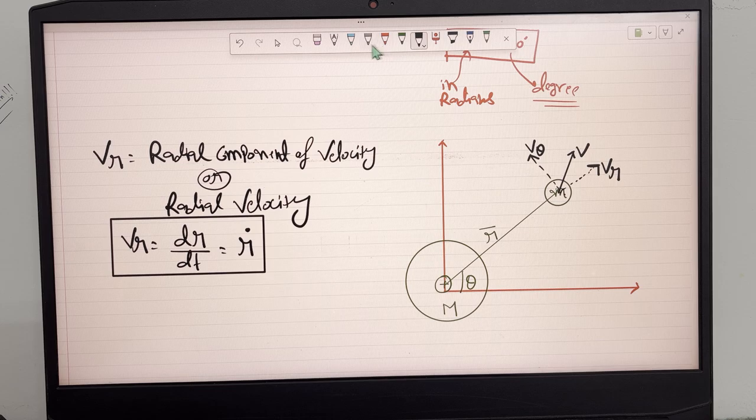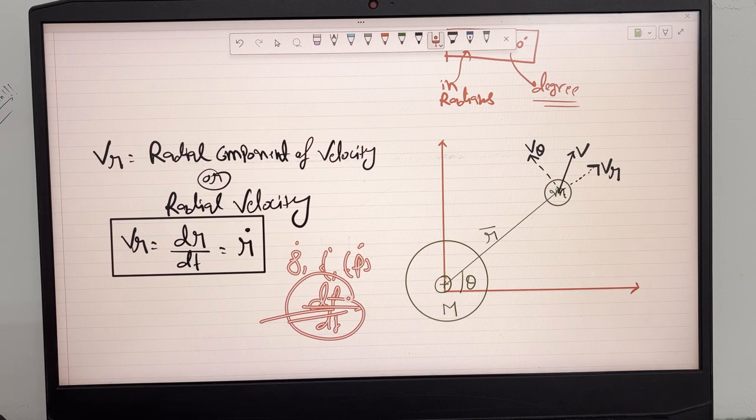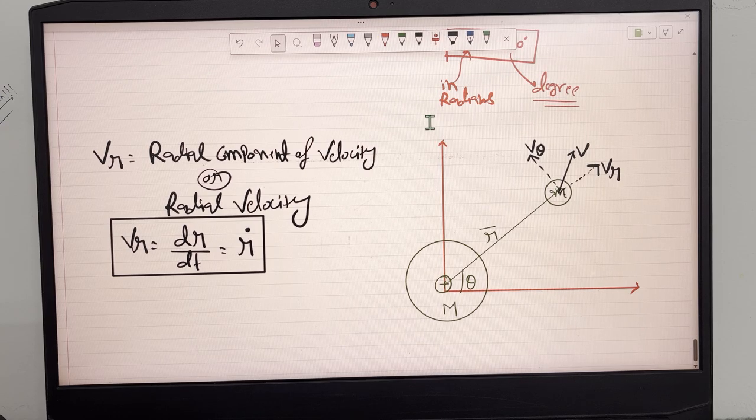That means this radius is changing with respect to time. Whenever you find a dot over any property, that means that property is being differentiated with respect to time. So whenever you see s dot, t dot, or any property with a dot, it is divided by dt. You might have studied this in your intermediate, so you know.